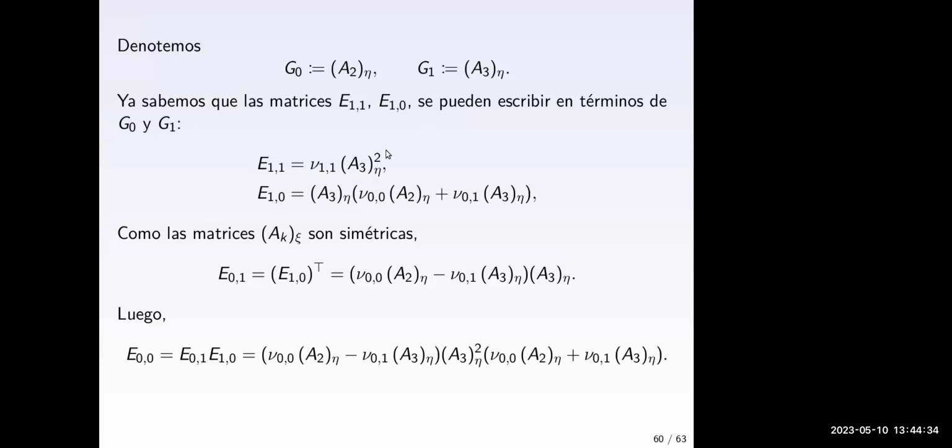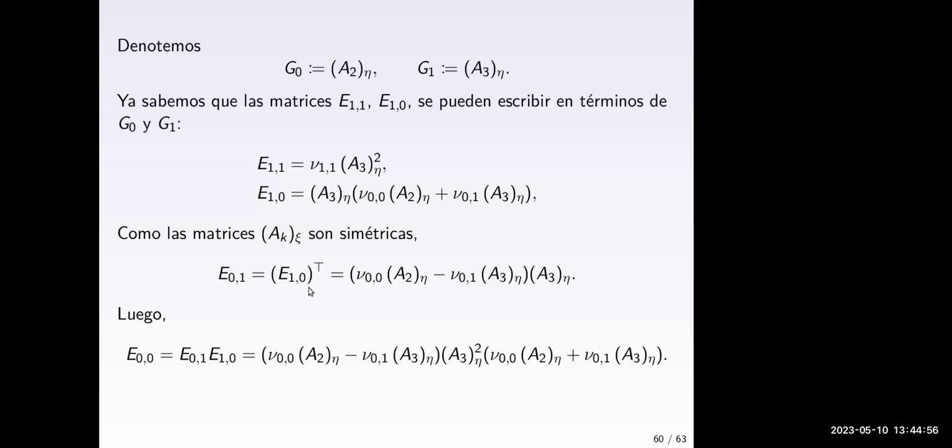This is E00, and this is the combination of products of G0, U1, and G1 squared. And since the matrices A, K, C are symmetric, we could get the transpose.